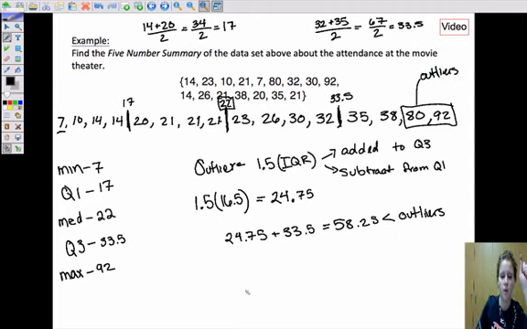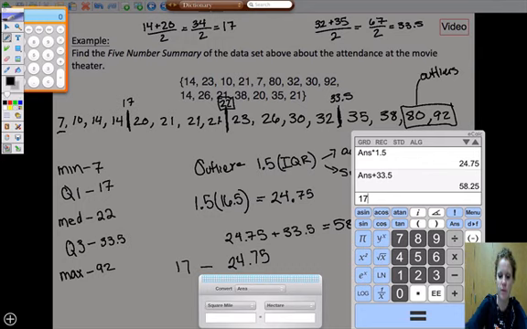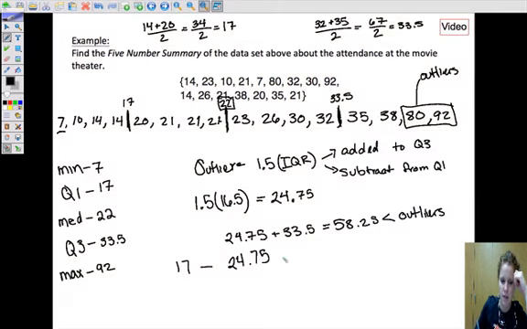Okay, we're going to take that same 24.75, but we're going to subtract it from 17. So 17 minus that 24.75, and I'm using my calculator so that I don't make mistakes, is negative 7.75, okay?